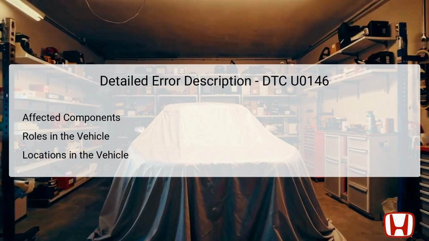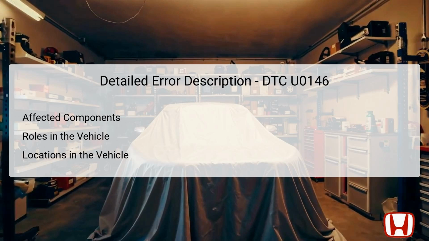causes. The components intricately involved in DTC U0146 include the Transmission Control Module, TCM, the CAN gateway, and the F-CAN circuits, which consist of multiple lines such as F-CAN AH and F-CAN AL.